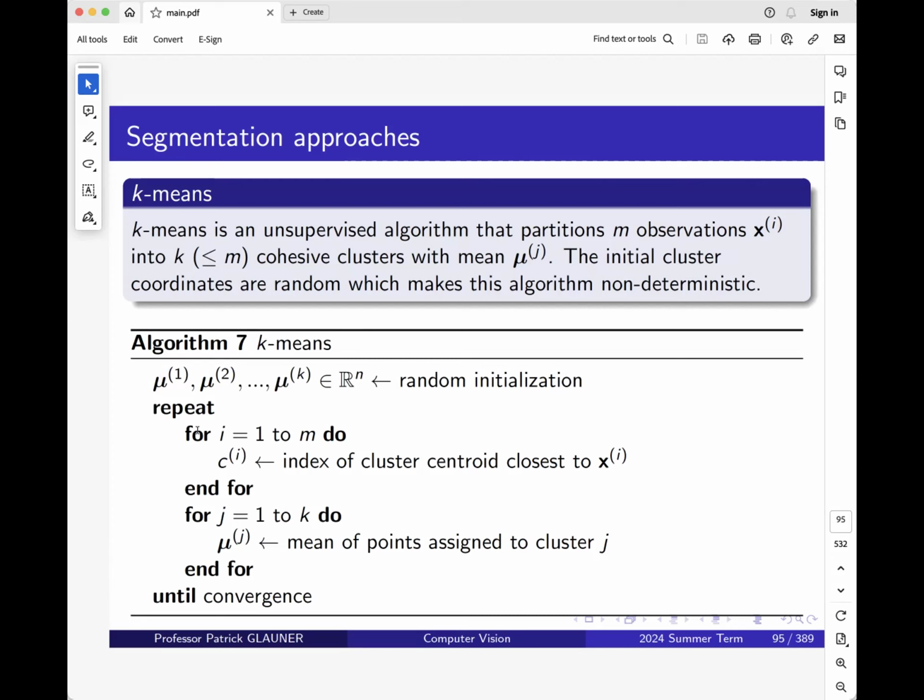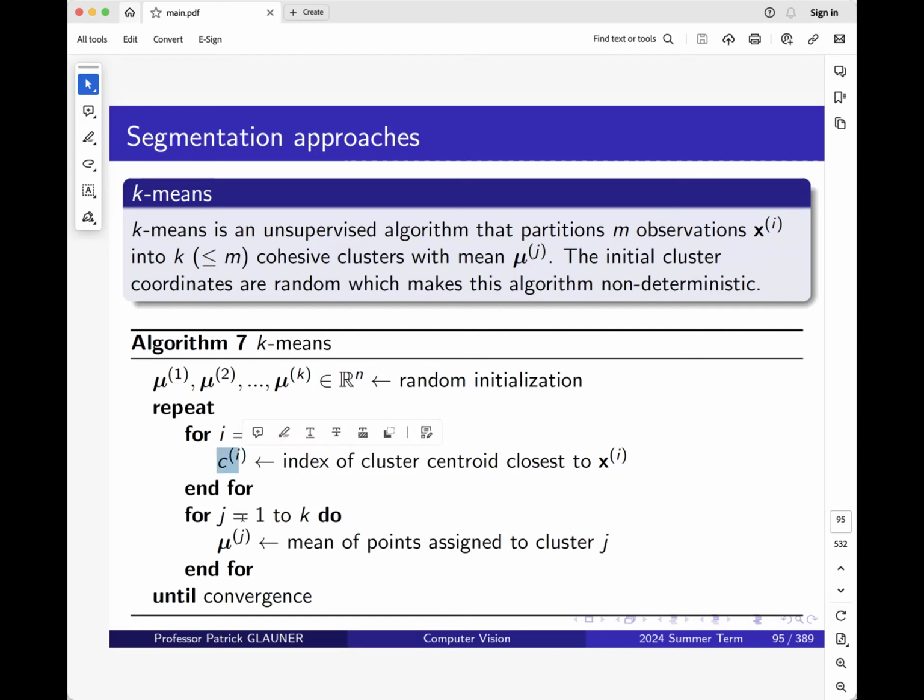What I'm doing in the first loop is I go through all my data points, which is i from 1 to m. I go through all my observations, and I have then a variable c with an index i, and I will assign every data point to the cluster that is actually the closest to my data point, because there are various clusters, and one of those cluster centers is the closest to my data point.